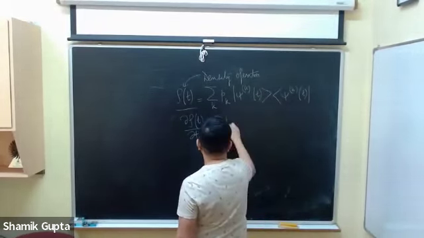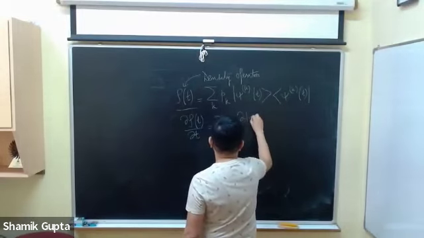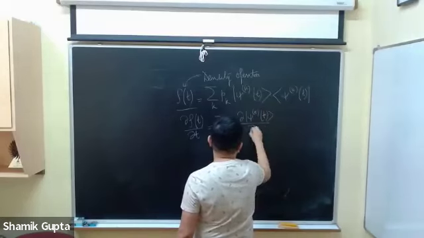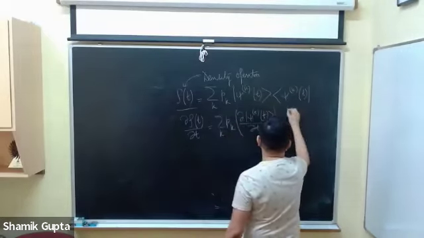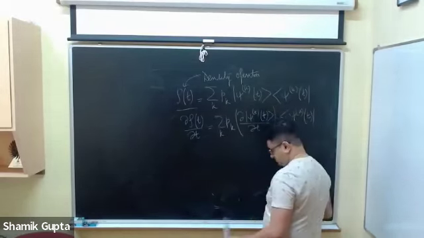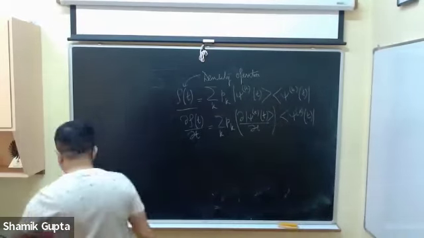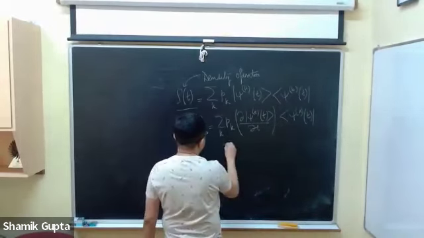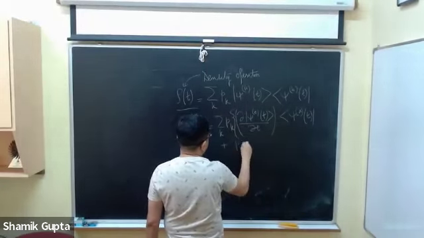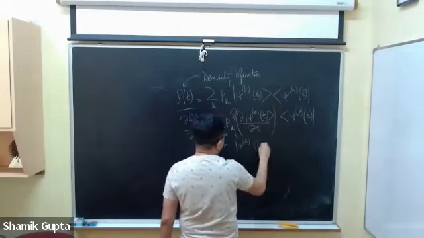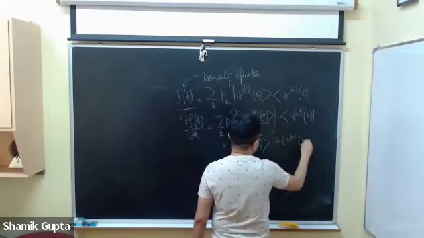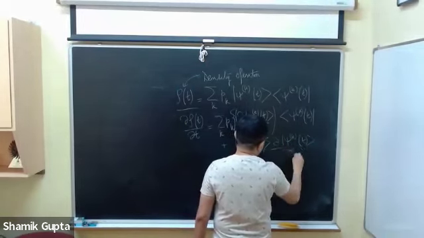Then I have to do this: del rho del t will have two terms. One term is del psi k t del t times psi k t, and the second term is psi k t times del psi k t del t.